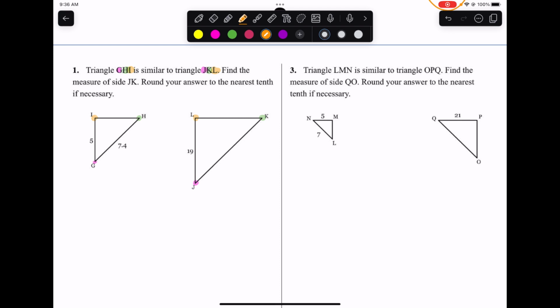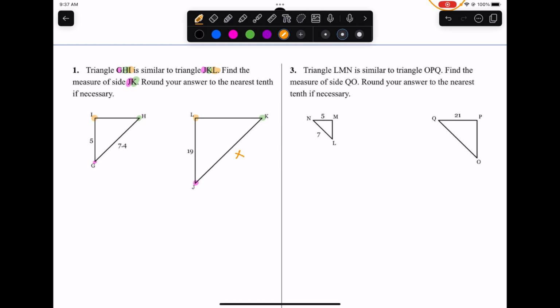Because now if I want to find the measurement of JK, I'm looking for this side. If the triangles are similar, then I know the angles are congruent and the sides are proportional.